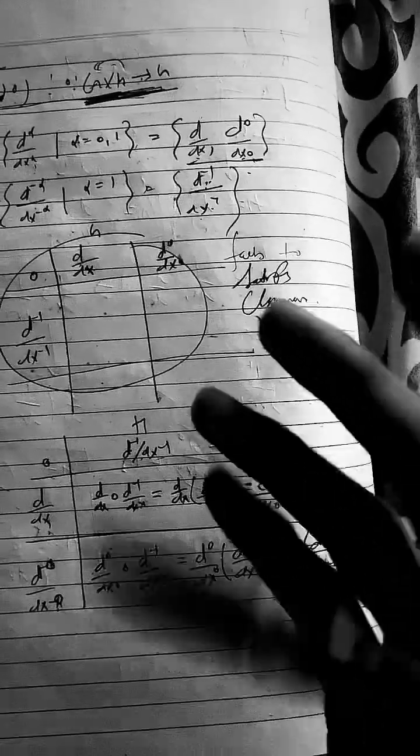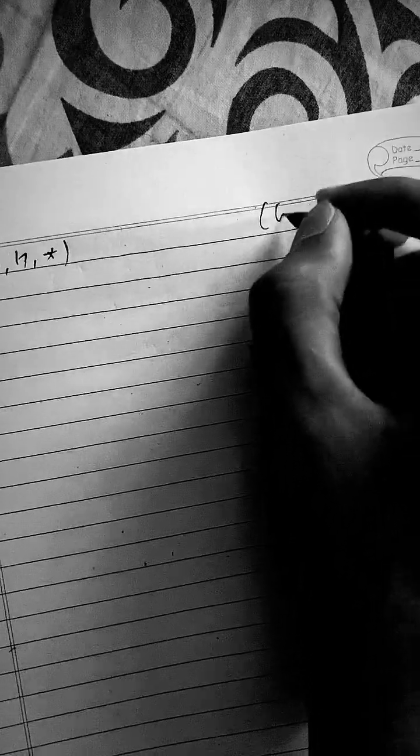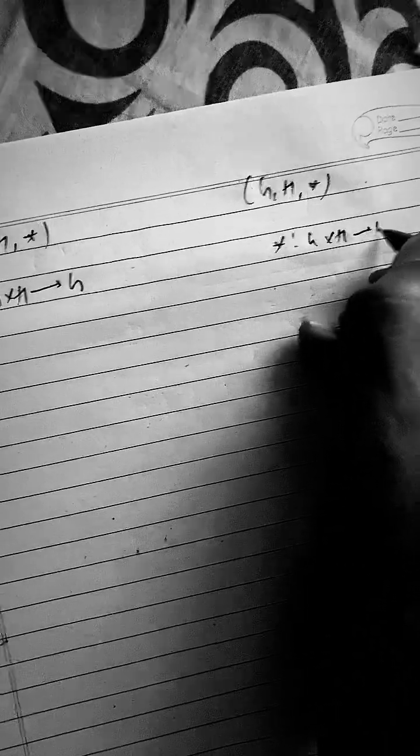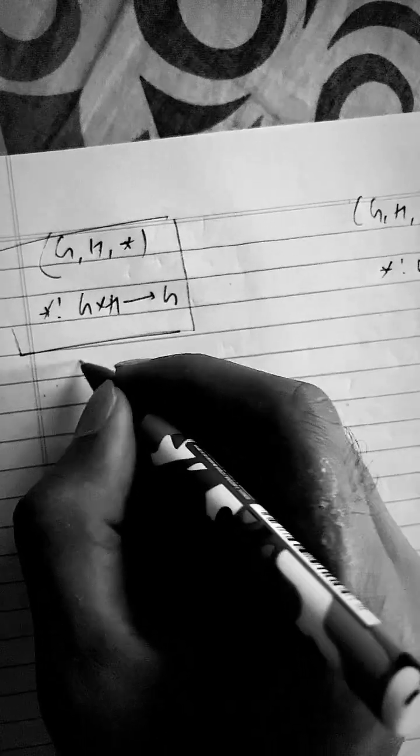Now last time we saw, if we change the definition, as we said, we had two options, which is this and which is this. Here star goes from G cross H to G, here star goes from G cross H to H. We saw this structure with that set didn't satisfy even closureness, it failed.